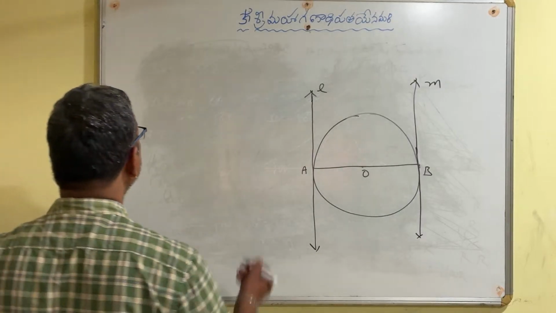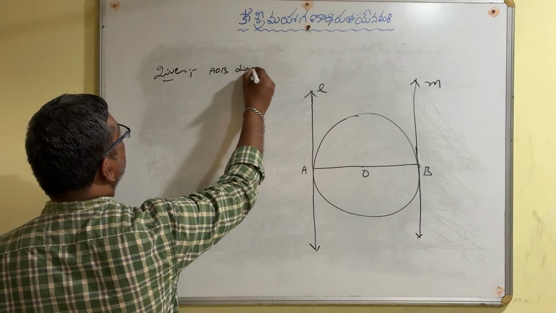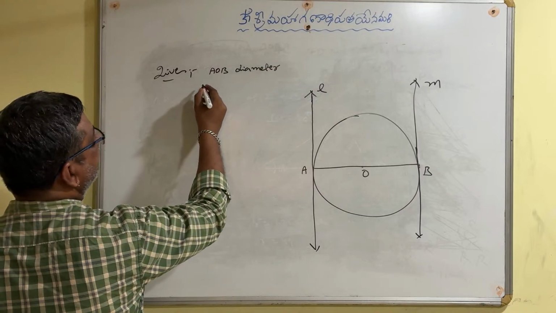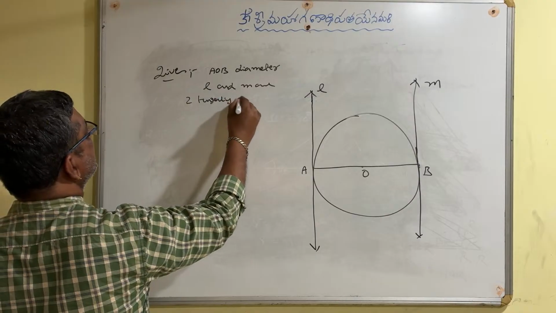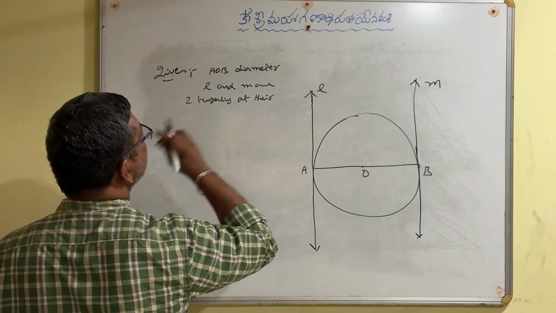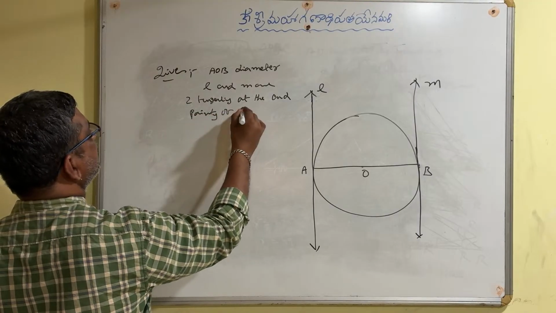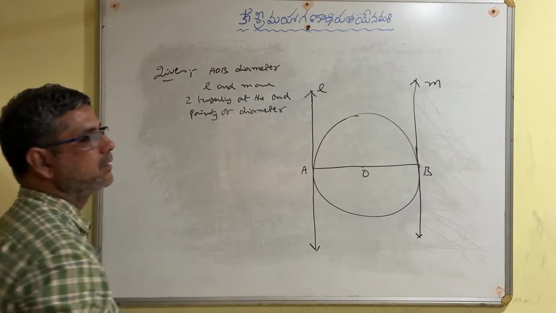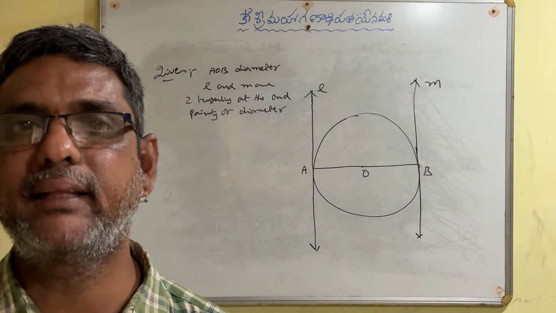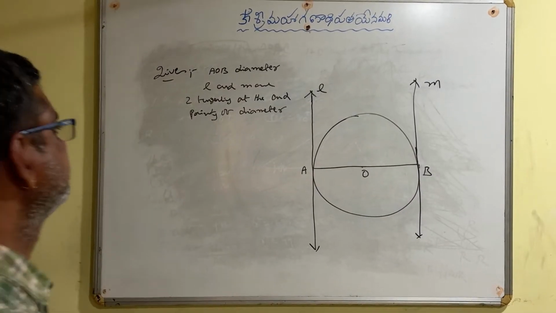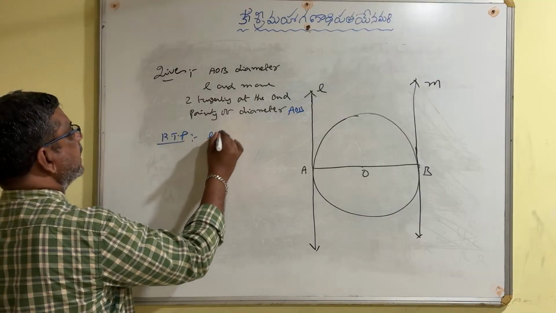What is given? AOB is a diameter, and L and M are two tangents at the end points of diameter AOB.